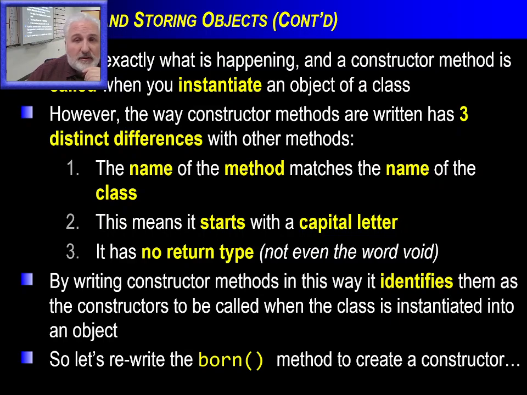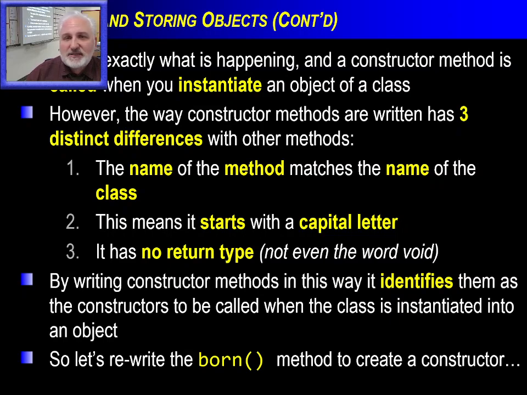They're different from regular methods in 3 distinct ways. One, the name of the method matches the name of the class. So if you have a class Person, you'll have a method called Person, which means it's going to start with the same upper-lower casing as the class. So classes, we usually start with an uppercase letter, and methods, we usually start with a lowercase letter, but in the case of constructor methods, we don't do that. We use the uppercase letter to define the method.